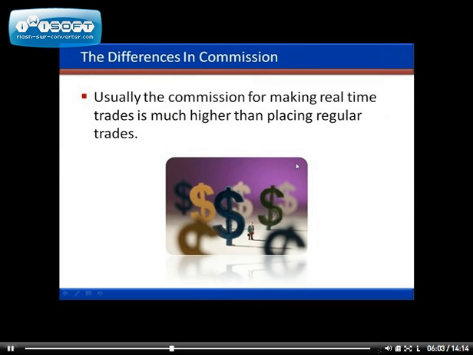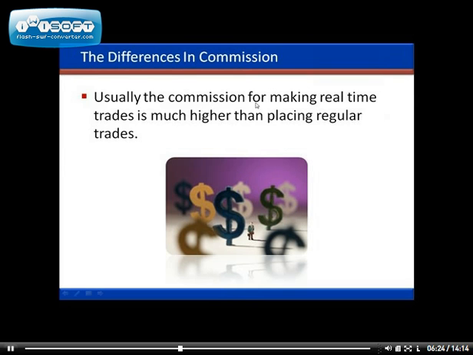And there are differences in commissions. Usually the commissions that you would have to pay for buying and selling stock using real-time methods are a little bit higher than for regular trades, because the brokerages consider these specialized, or luxuries.